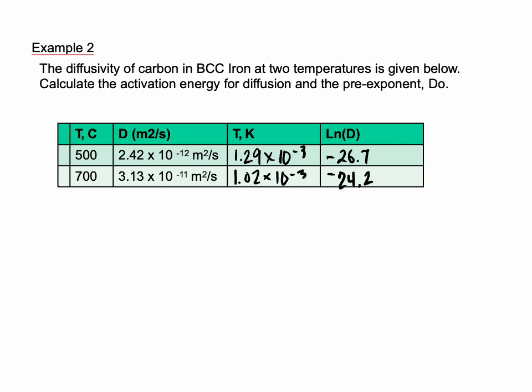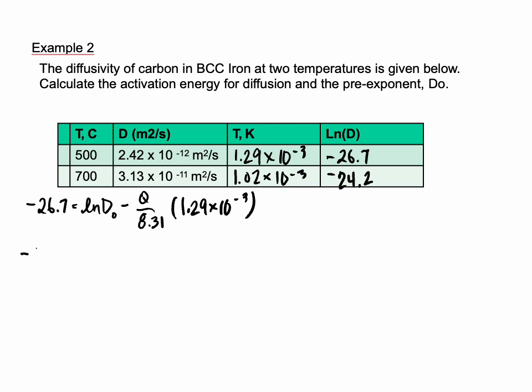So I have negative 26.7 equals a natural log of D0 minus Q over 8.31 times inverse temperature 1.29 times 10 to the negative 3.